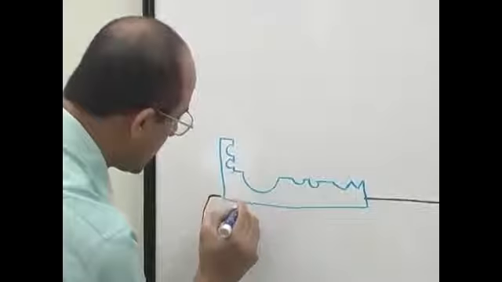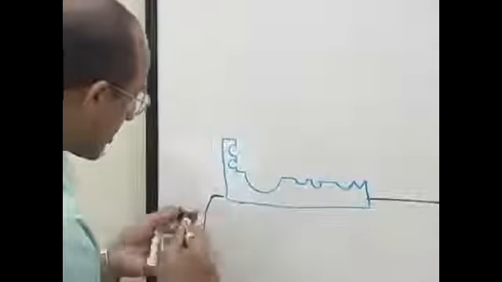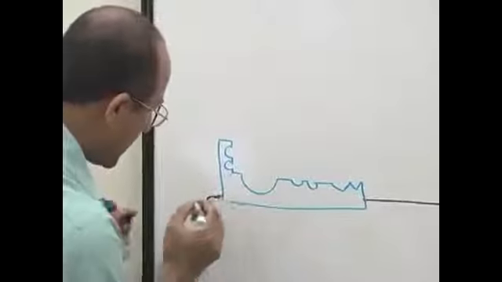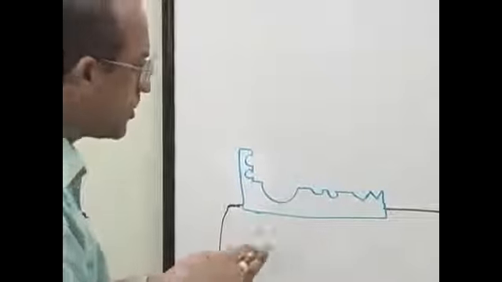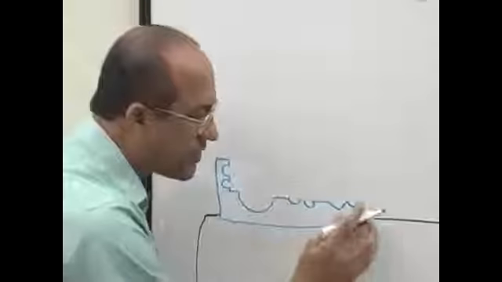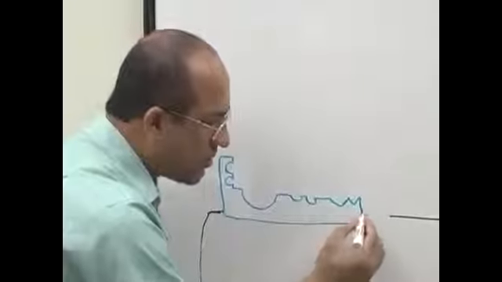Now let's suppose this is the hypothetical structure of the adrenergic receptor, and of course all of you know the adrenergic receptor is a 7-pass receptor.